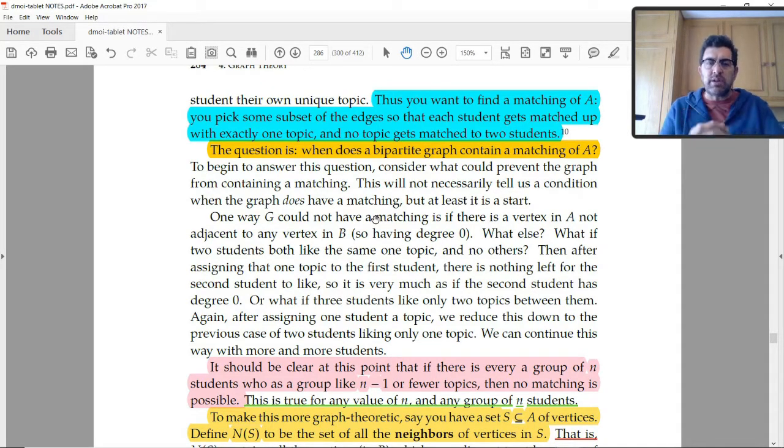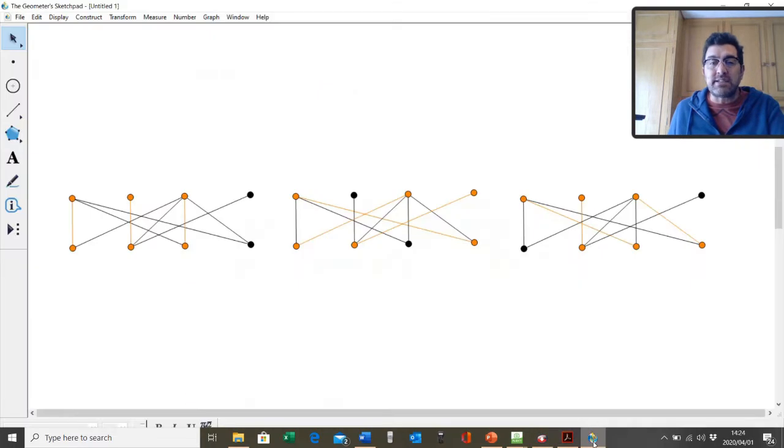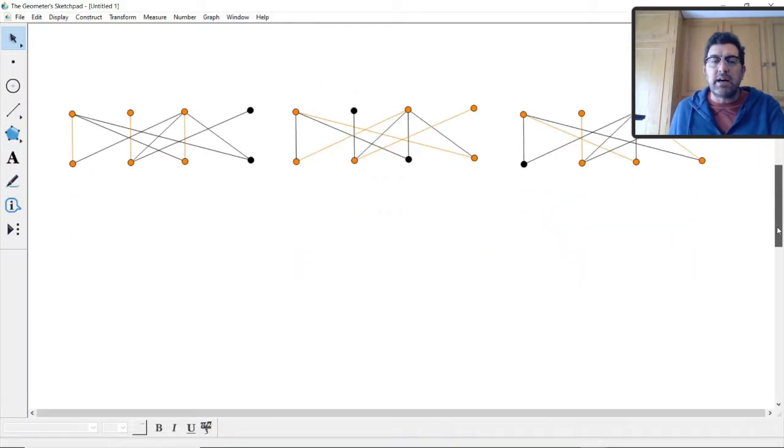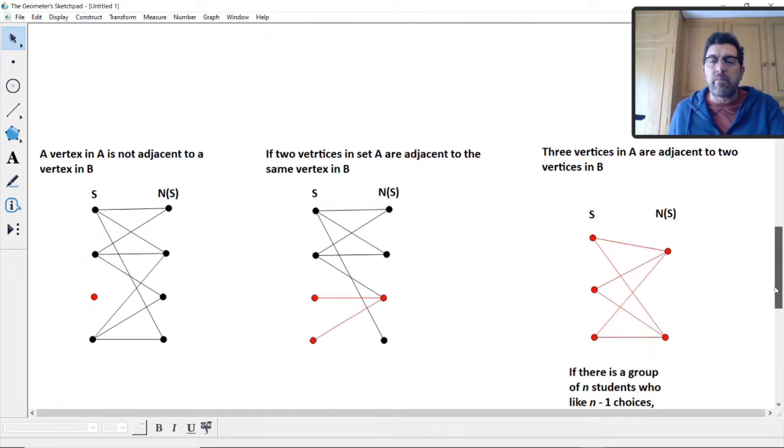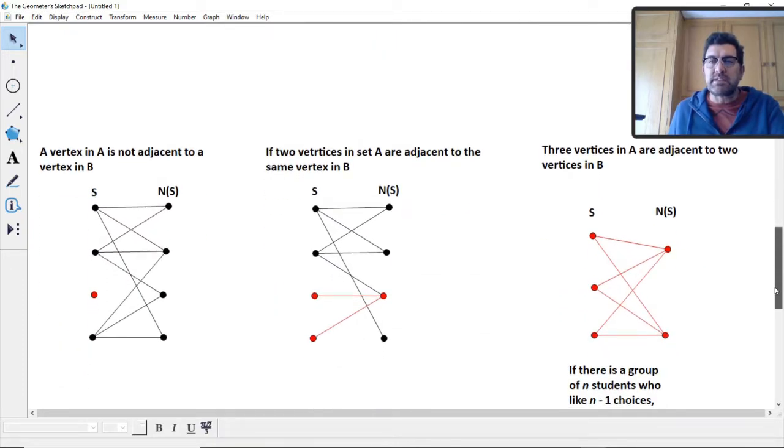The question now is, when does a bipartite graph have a matching or a perfect matching of set A? Now folks, we're going to answer that question by looking at cases when it doesn't contain a mapping. Okay, so let's look at the first case here.